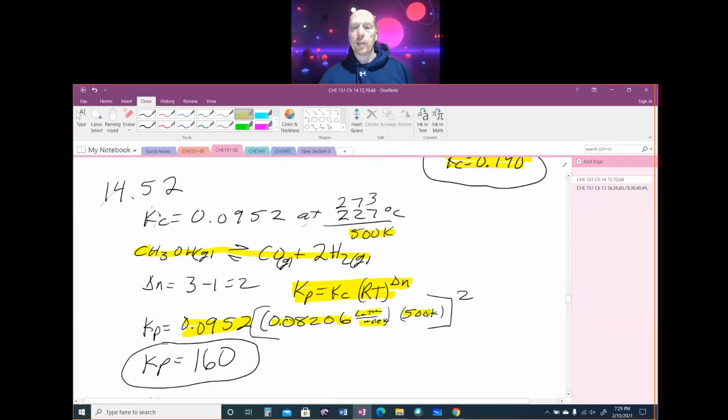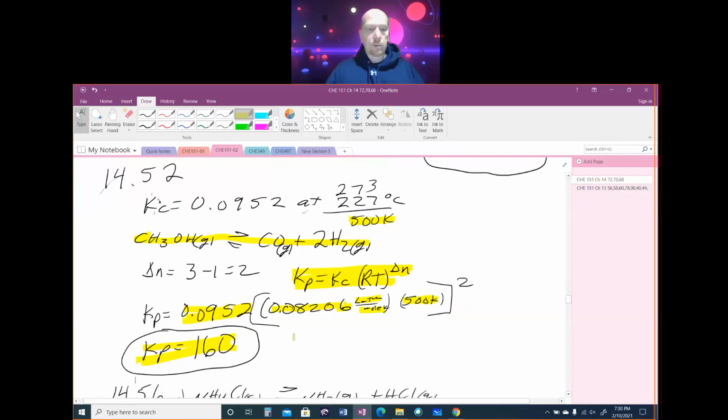And your temperature, again, must be in Kelvin, 500 Kelvin. You also have to do the math right. You have your parentheses. So you have to multiply these 2 numbers, and then you square it. Then you multiply by the 0.0952. You get a Kp equal to 160.